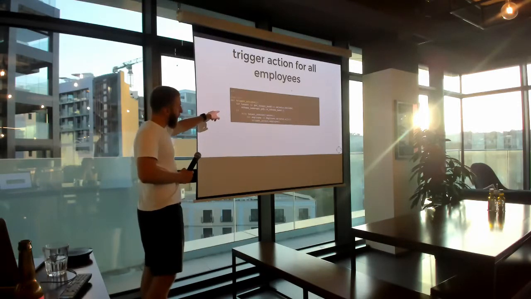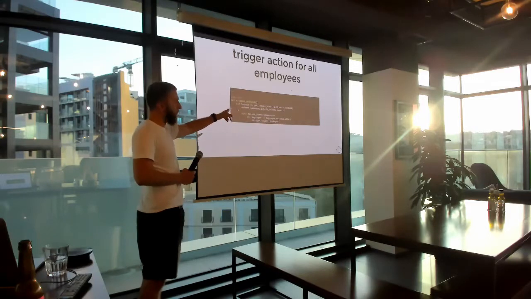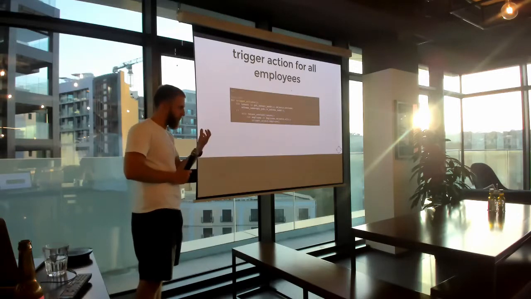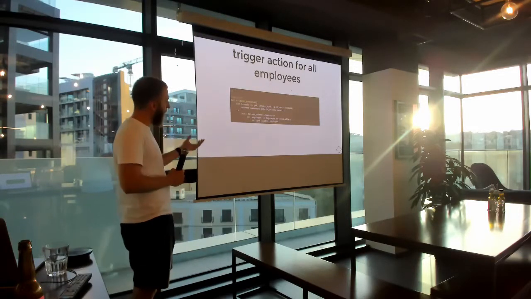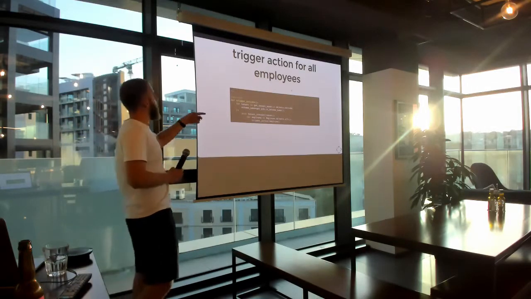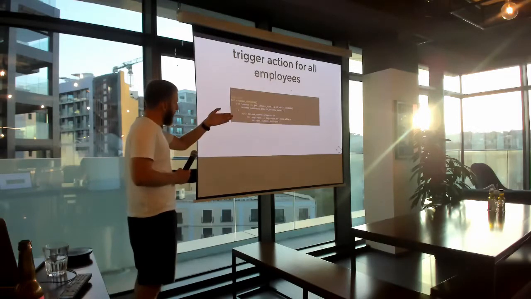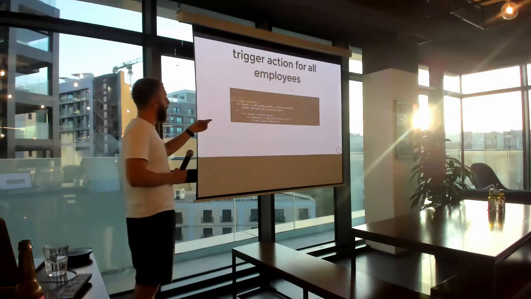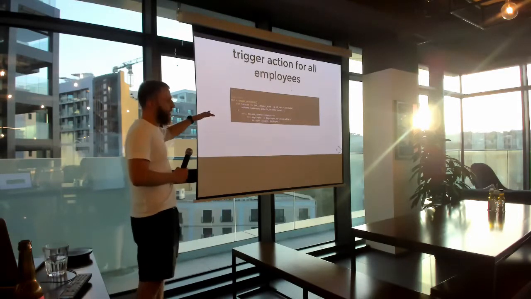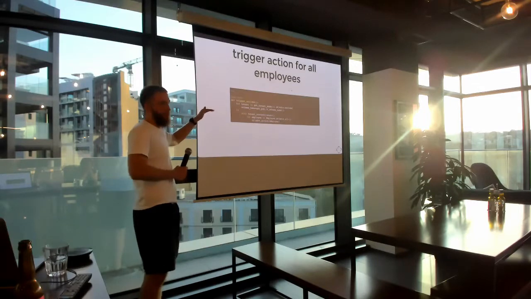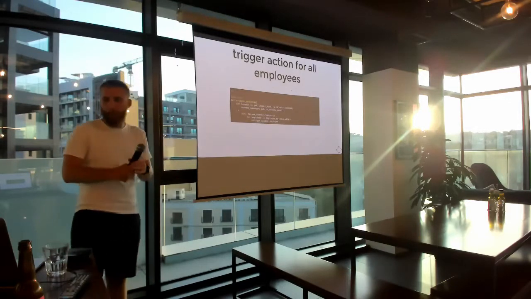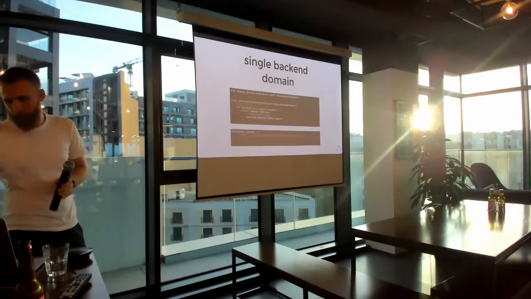So using the exclude schema name, which is get public schema name, we made sure that we get only those tenant model instances that are not the public tenant. Then we just iterate over it, and with the use of tenant context, we make sure that we are now in the particular switched context of a particular tenant, and then we can perform the query, trigger some actions, or whatever we need to do.